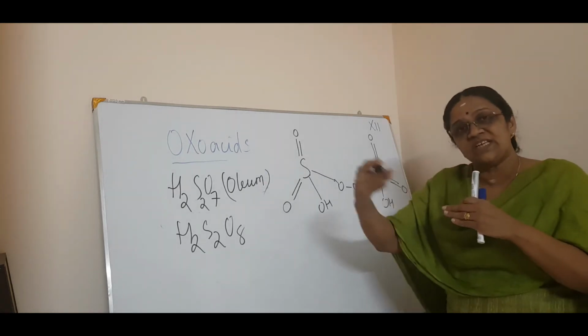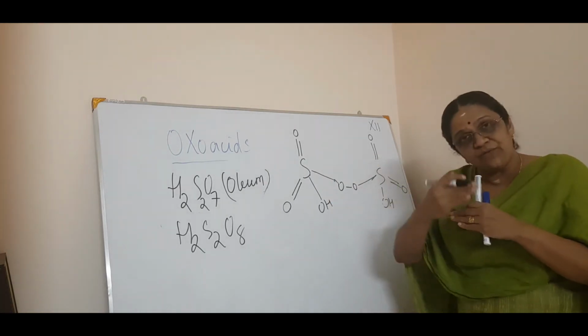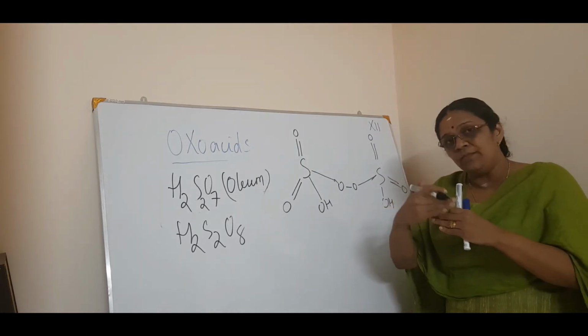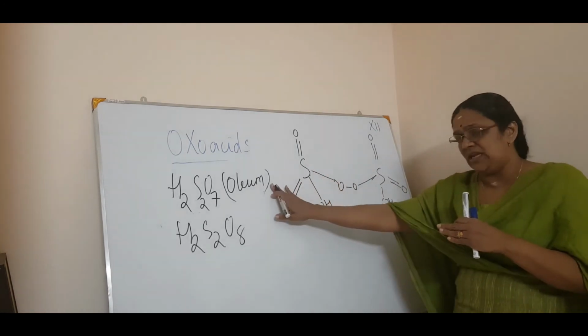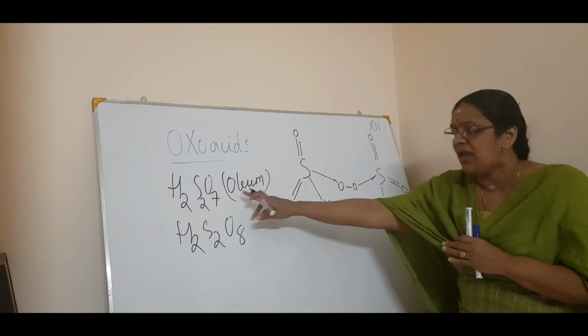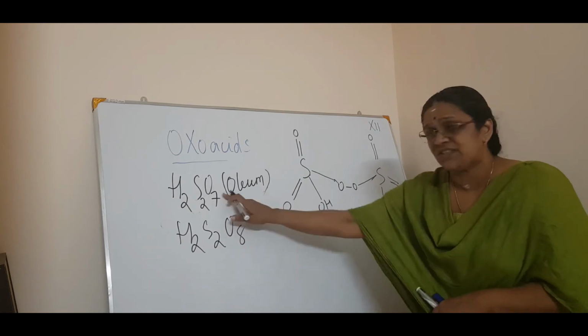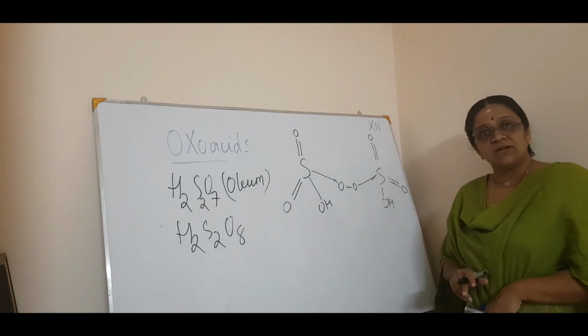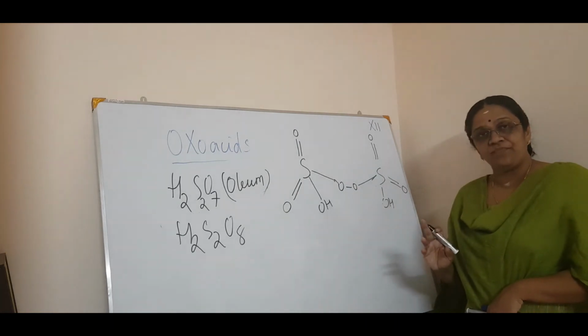See how it goes in a chain. If you know sulfuric acid, you can get the structure of oleum. If you know oleum, then you can get this peroxodisulfuric acid. That means the only difference is one oxygen atom, right? So that oxygen atom you make this bridge, connect with this bond. That's all.